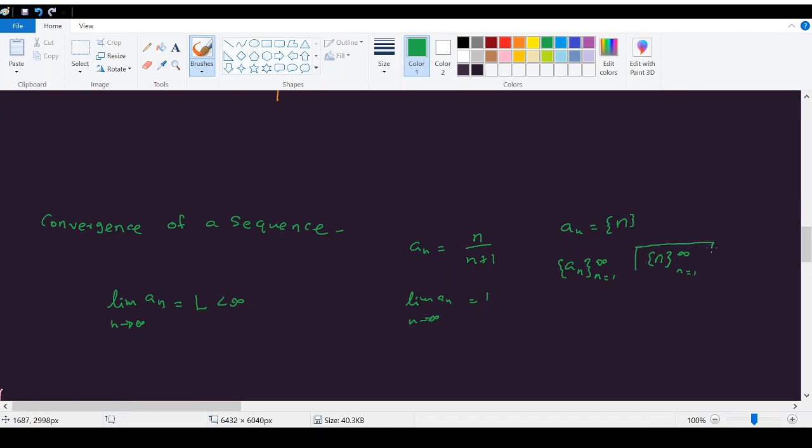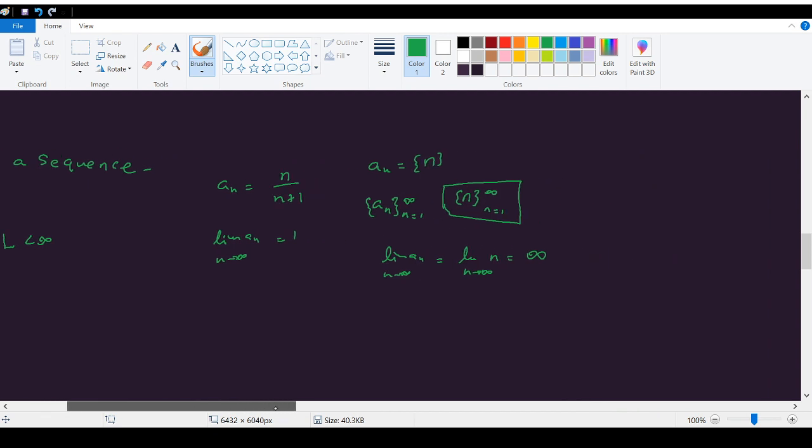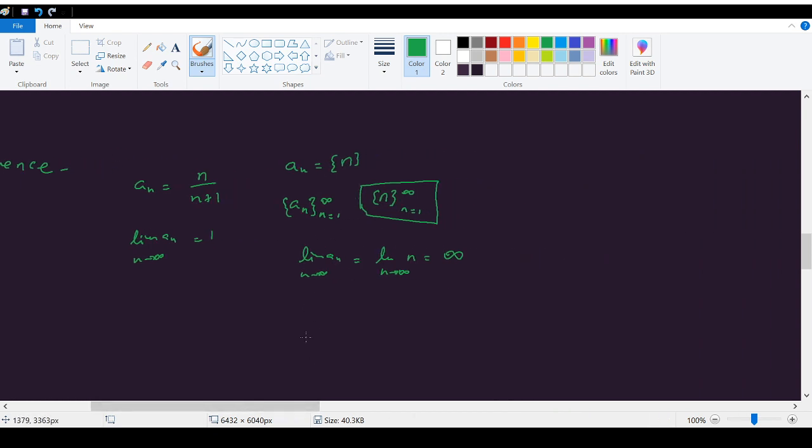So for this sequence, you can see that when you take the limit, it will go to infinity, right? So this will go to infinity. In other words, if we list down the terms for this sequence, it will start from 1 and go like this, right? So you can clearly see that when you move towards right, the values will increase very largely, right?